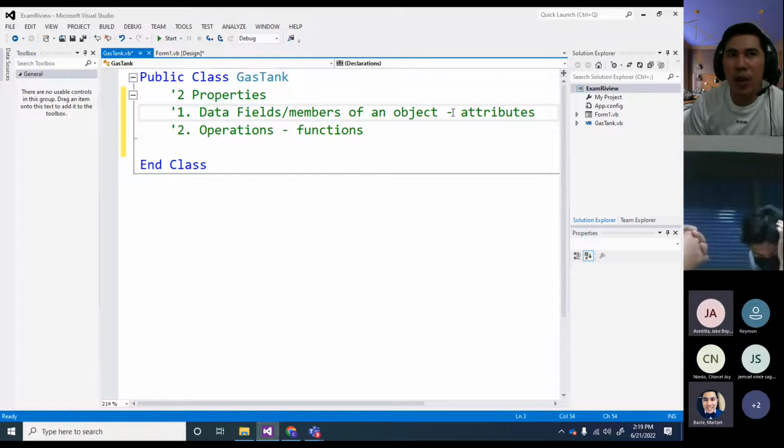For example, take a face mask. You're wearing a face mask today, and that is an object, right?